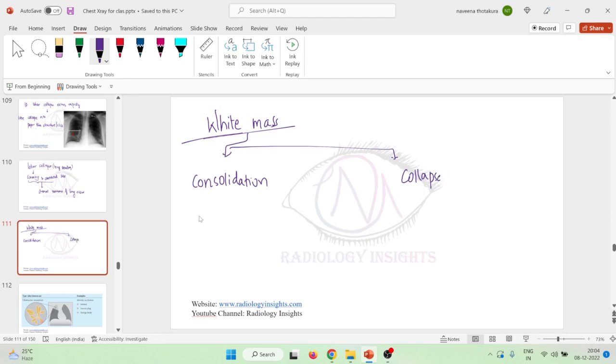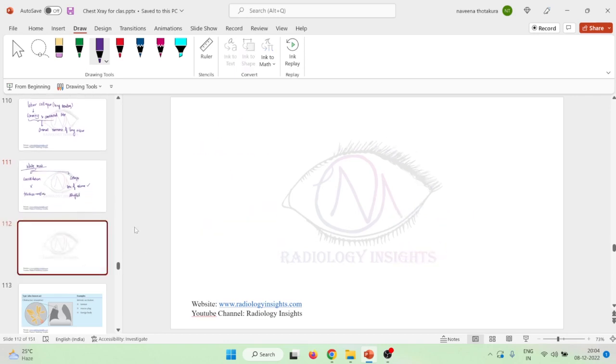Loss of lung volume is seen in collapse, but not in consolidation. The trachea is in the midline in consolidation. It is shifted in collapse. But one more important thing to remember is that sometimes consolidation of the lung is associated with collapse.